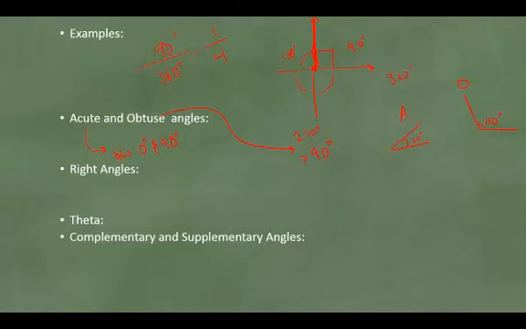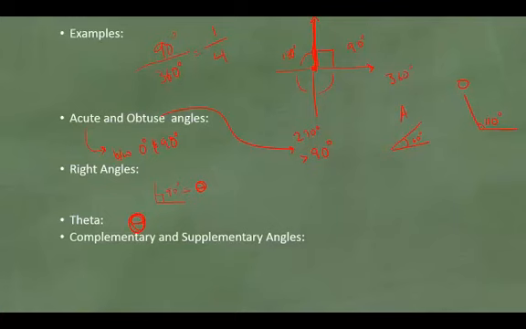Right angles are exactly 90 degrees. That's what we call a right angle. And usually to denote these angles, we use the Greek letter theta. It's a circle with a horizontal line through it. That's our usual notation for an angle. Theta.